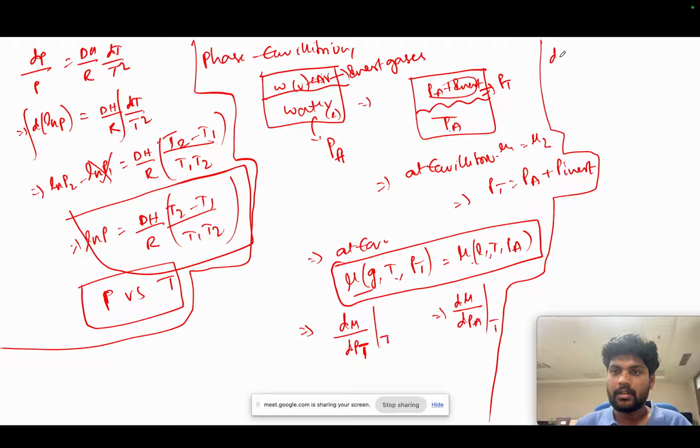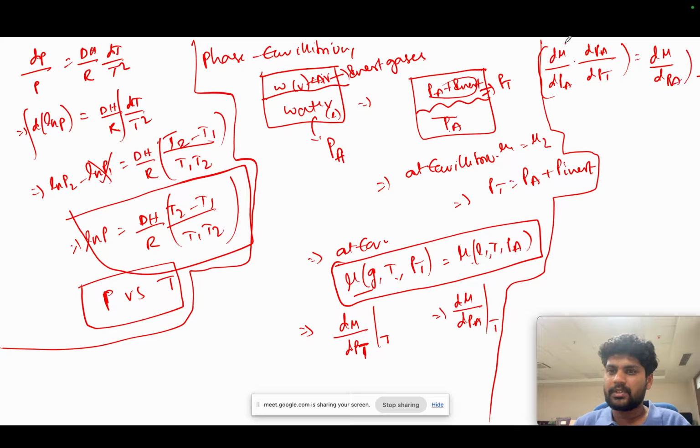So what you will get was, because here in the gas phase we also have the dPA, right? You can see. So dPA by dPT, they both are at constant temperatures, equals to d mu by dPA at constant temperature.